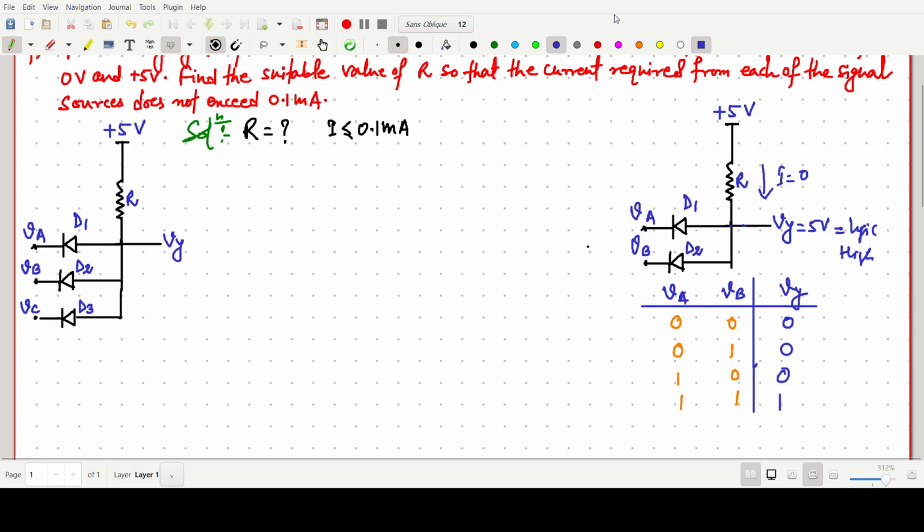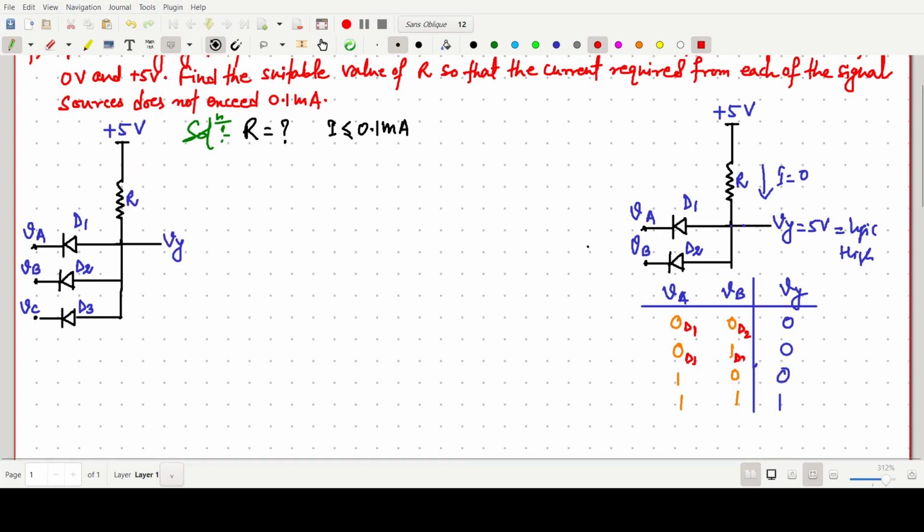I am also mentioning the diode states. When VA is 0, D1 is on and D2 is on. Here D1 is on and D2 is off.